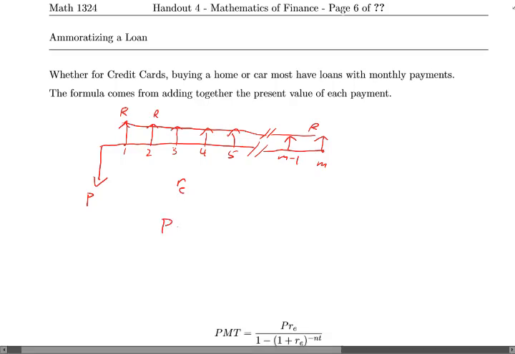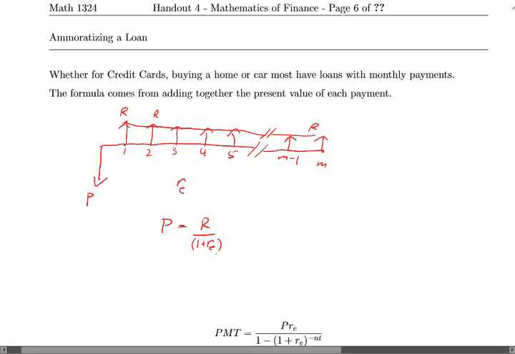So let's go ahead and write all these out. Our present value equals R times, and it's going to be a negative exponent, so we'll put it in the bottom: 1 plus RE.